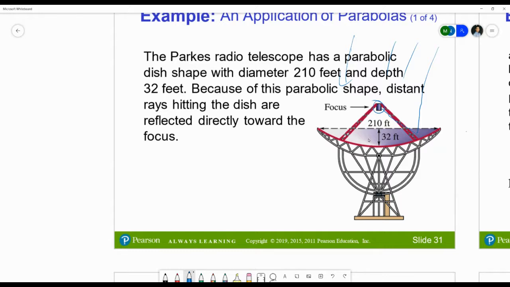I can assume that half of the distance of the diameter, so 105 feet, would be the same thing as the distance from the focus to the directrix. Would that be wrong? Say that again. Half of 210 feet, so 105 feet, would be the distance from the focus to the directrix, and therefore I can find my c value from there.